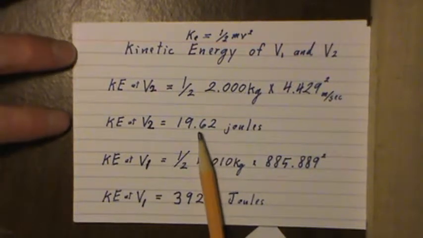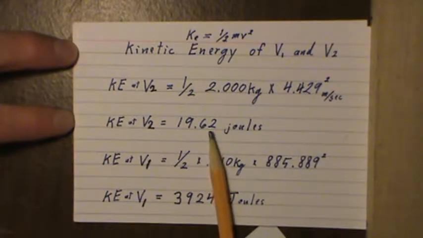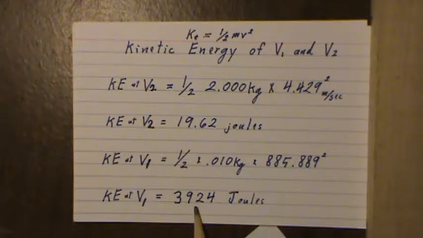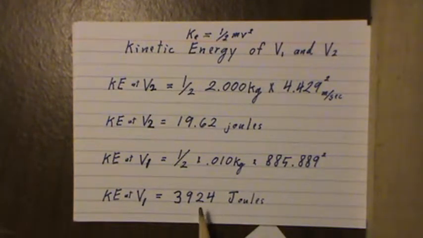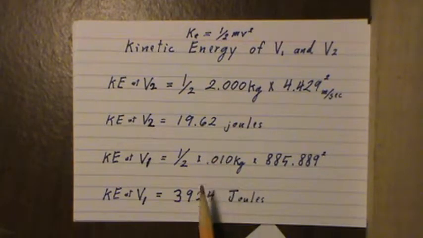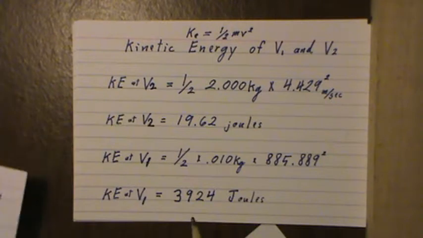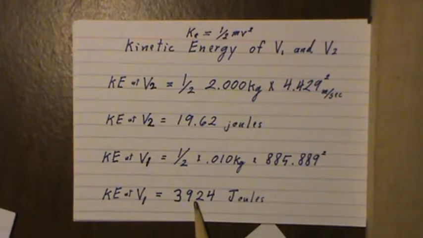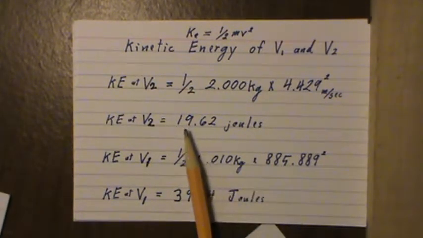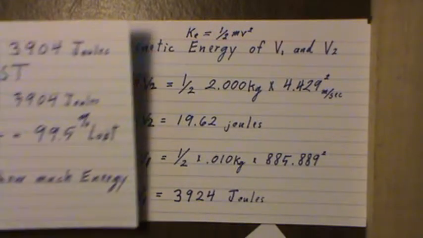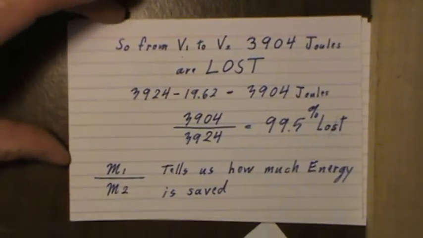So after the bullet strikes, we get 19.62, and before that, we got 3,924. So that is what's left over, and this is what was the original. If we subtract what is left over from the original, we get a whole lot of loss.